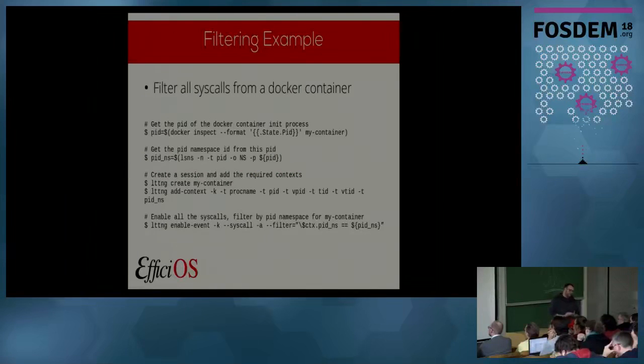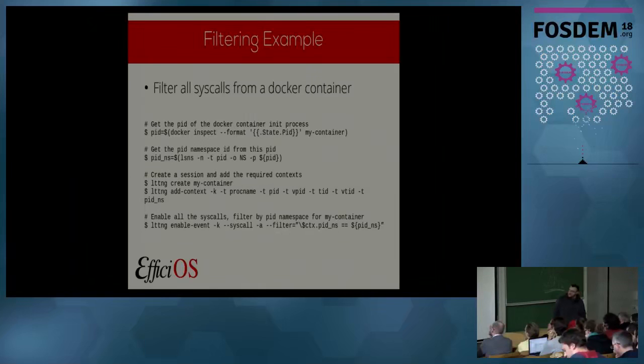So we can start a tracing session and say, I just want to trace the syscalls that come from this container. But right now it's not very integrated, because we need to know the PID namespace inode number of our container to filter it.